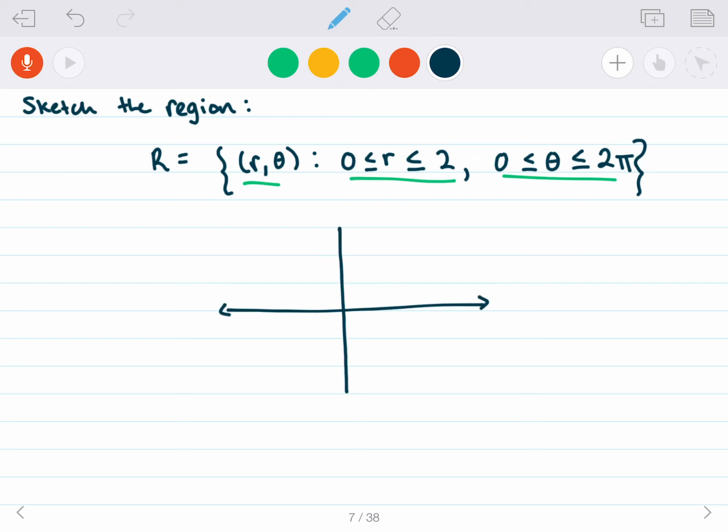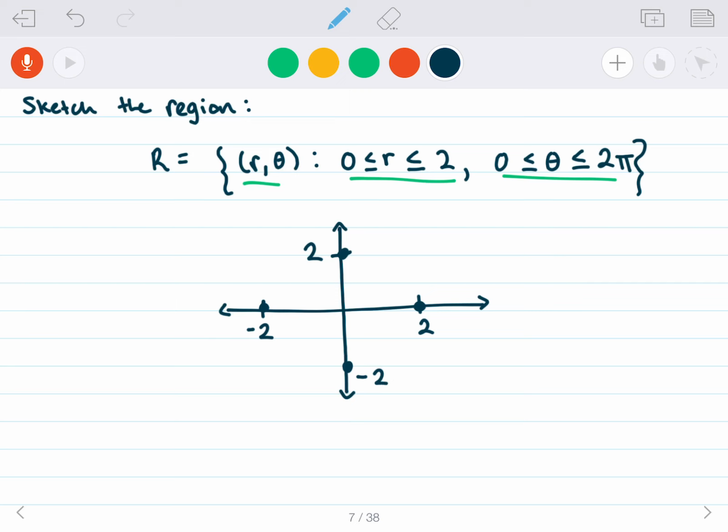Since my radius goes from 0 to 2, I'm going to just mark 2 right here, and a little point right there, and then at y equals 0, we have 2 there, and we have -2.